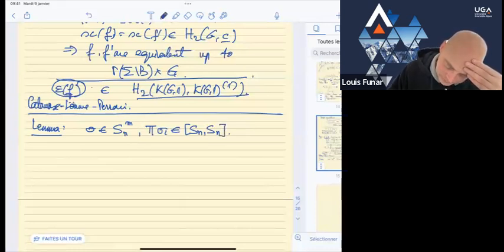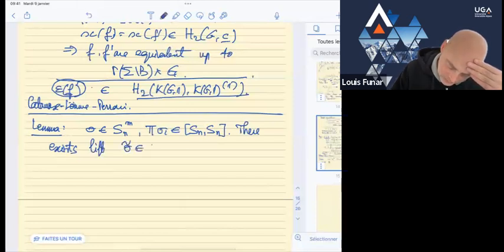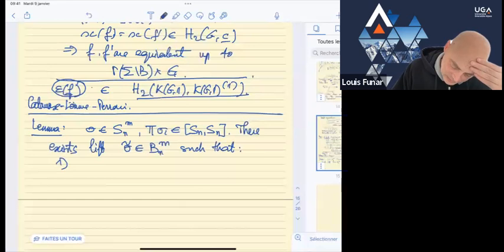Then you have to prove there exist, actually there exist many, some lift, call it sigma tilde, which is now a couple of braids, such that, in the first place, the lift of every copy, sigma e tilde, which is an element of the braid group, is actually a completely splittable braid.